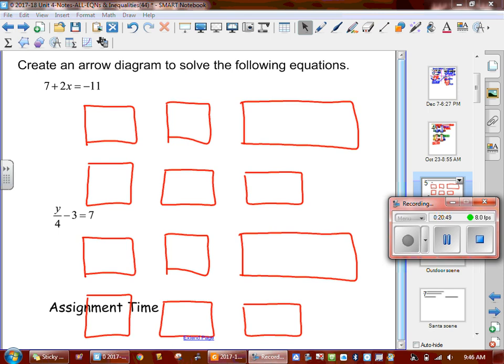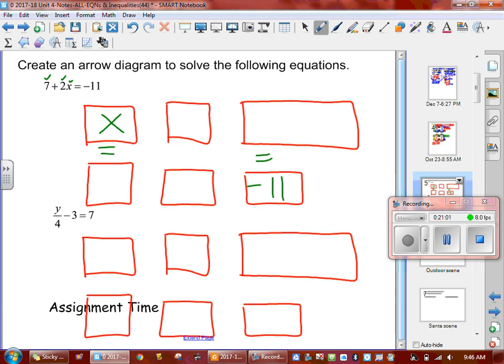So we have X first, and we have our equal sign. We can stick our negative 11 in. Okay, so we always start, and now we can put our arrows up. So we say, what is the first thing that happened to X? He was times by a positive 2. So we get 2x.